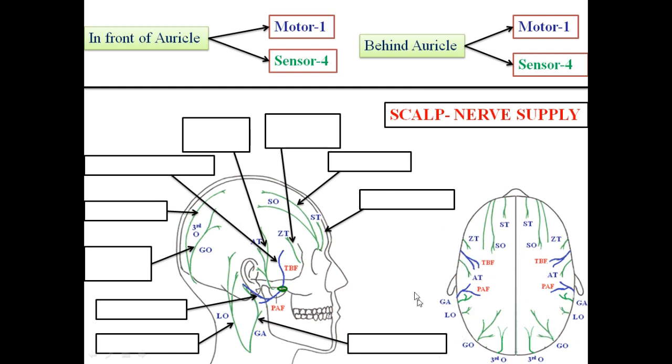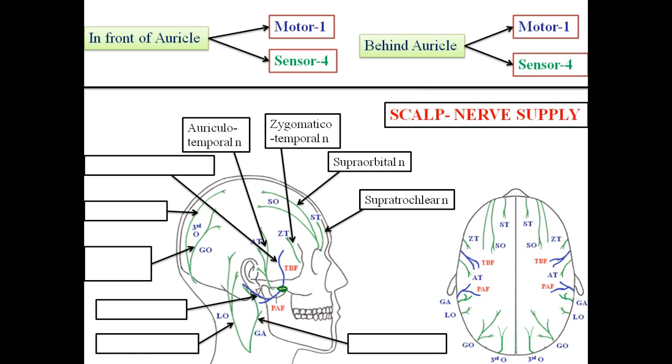You can see here the supratrochlear nerve and supraorbital nerve. These are the two branches of the ophthalmic division of the trigeminal nerve, and the zygomaticotemporal nerve is a branch of the maxillary division of the trigeminal nerve.